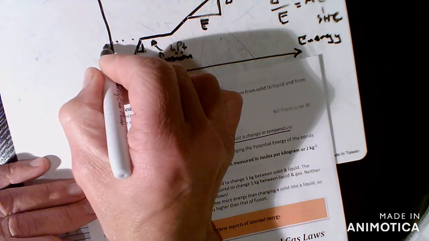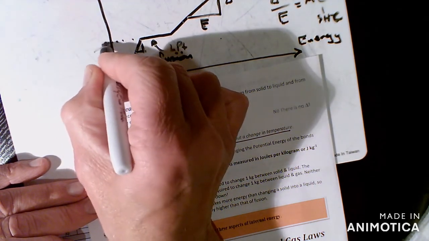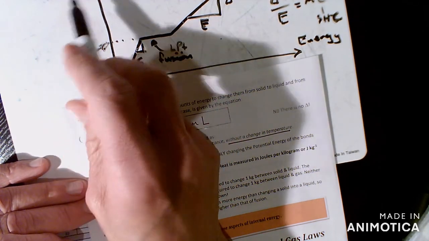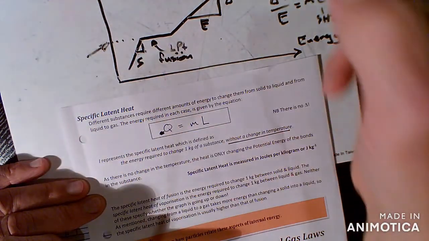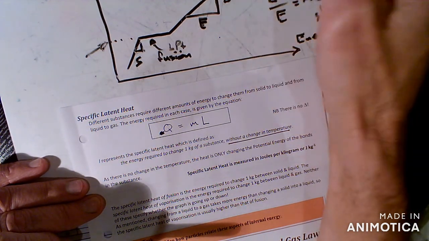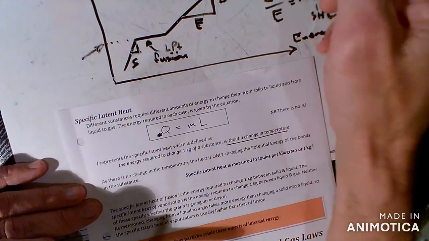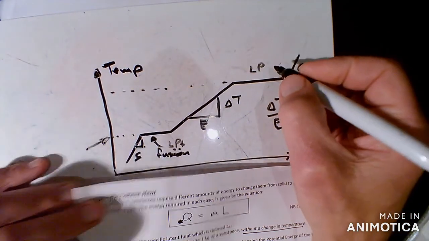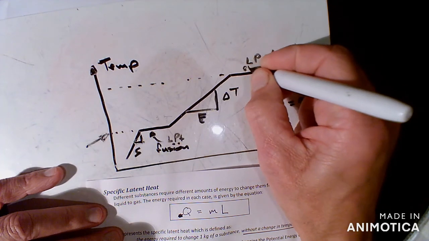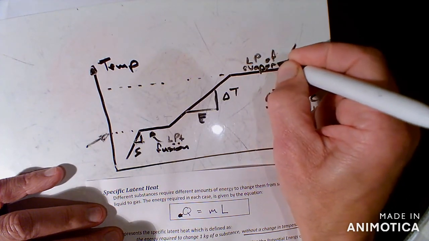But these are the actual points they're talking about, so it's that temperature. So melting point, boiling point, often called that. Over here, most things tend to be in the liquid phase that we often find useful. So at the top end of the graph is the latent heat of evaporation.